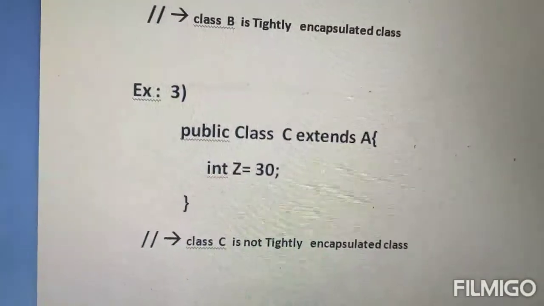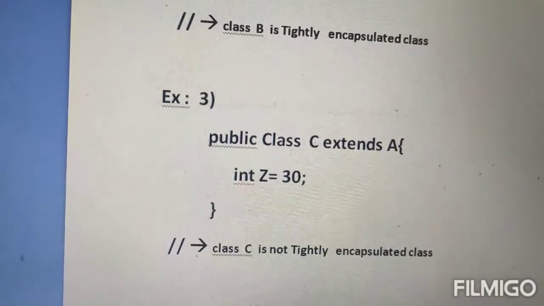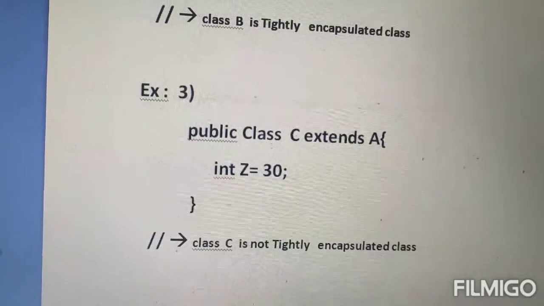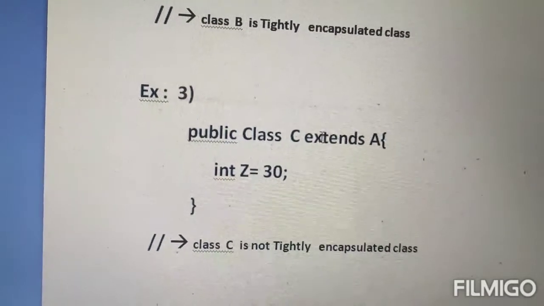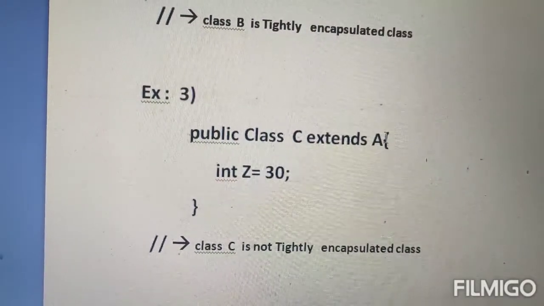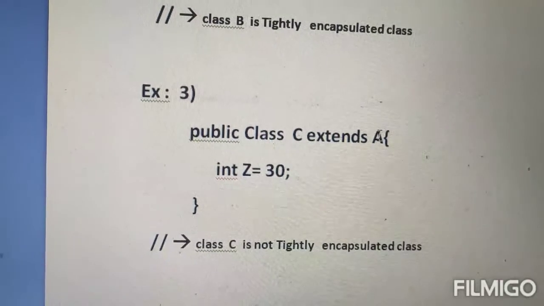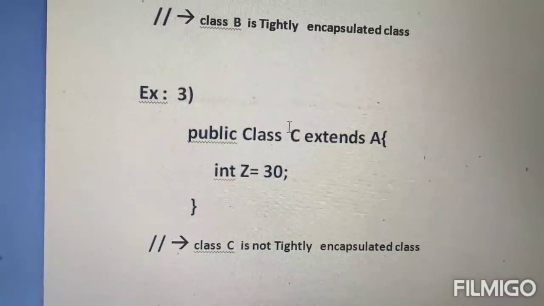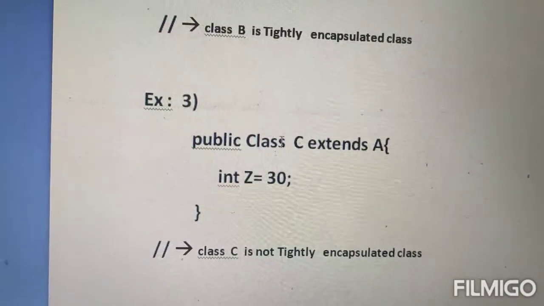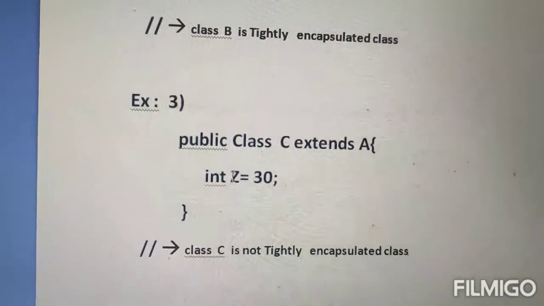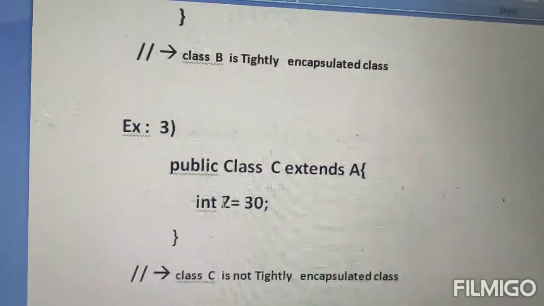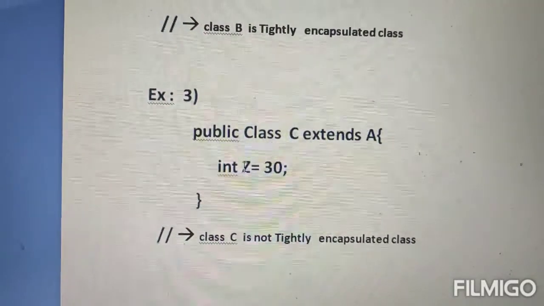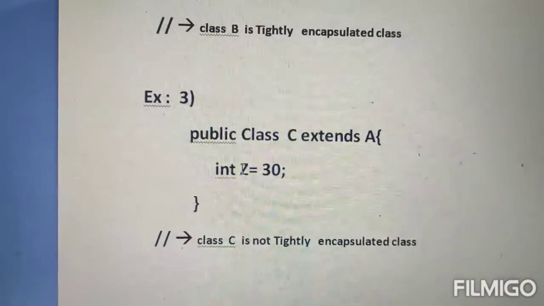Now let's see example 3. Public class C extends A, int Z. Because of this extends keyword, class C becomes a child class of class A. Class A has a data member X equal to 10, which is private, and class C has its own data member Z, which is not private.